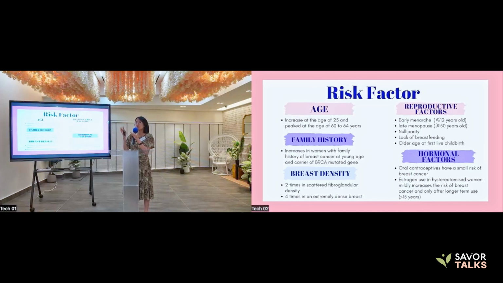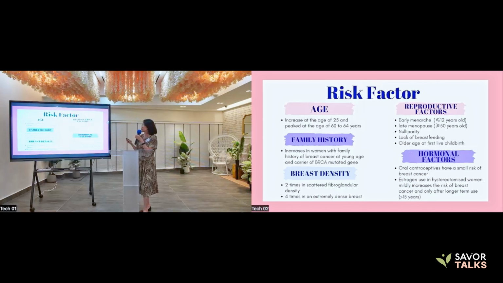So let's say you get pregnant at an older age, there are chances that something goes wrong. Okay, so why is it cancer? Because when they multiply, there is something very wrong. So they are not able to stop growing and grow faster.